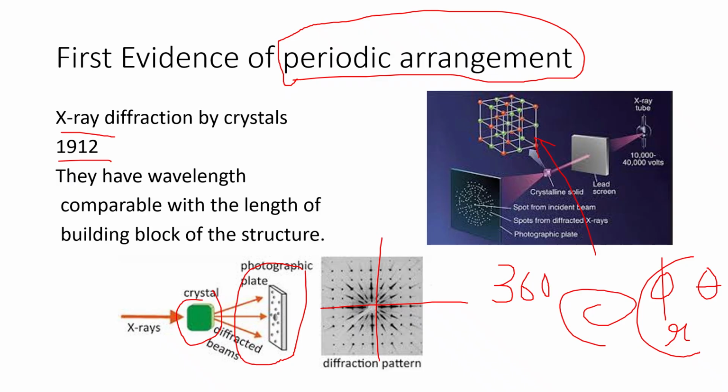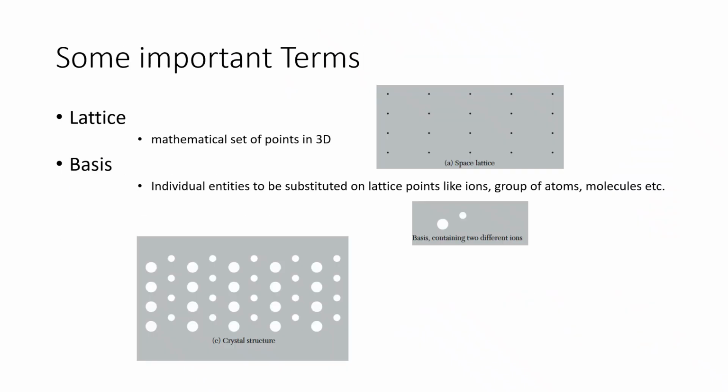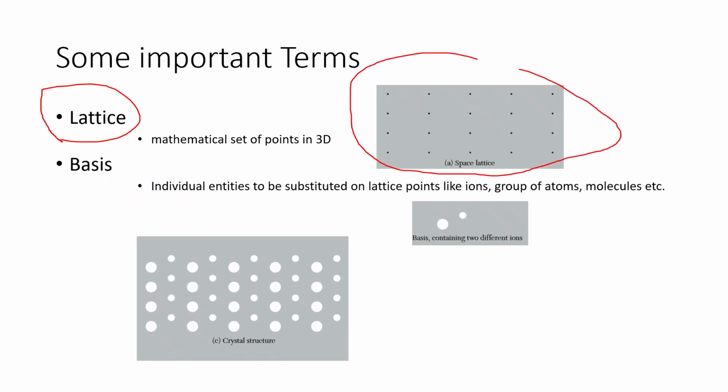So moving forward are some important terms. Now, we will come across these terms in the entire book, so it is important to know what they are. Like lattice. A lattice is a mathematical arrangement of points in three dimensions. So we see here there is a space lattice.